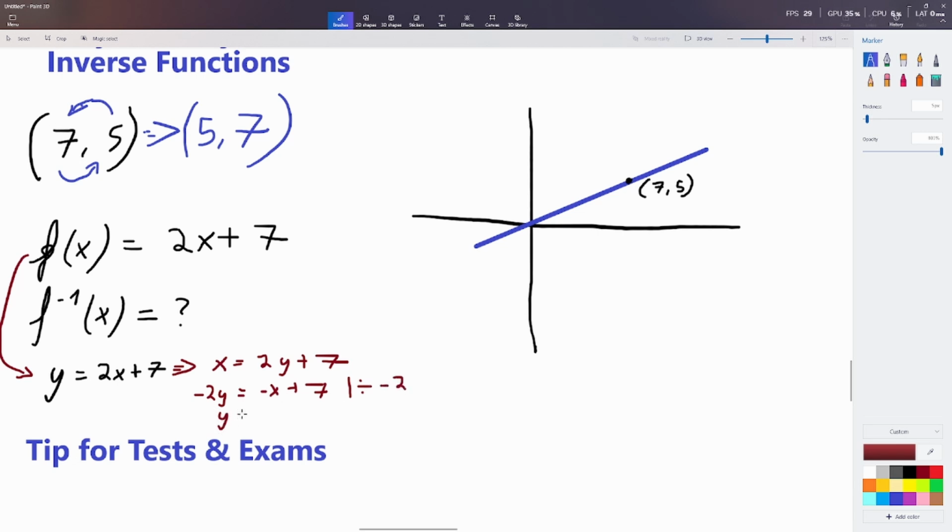And you get that y is equal to 0.5x minus 3.5. And that's your inverse function right there. You always want to puzzle out that when you switch the y and x in your function, and then you want to get again that y is equal to something like we have over here, and that is your inverse function.